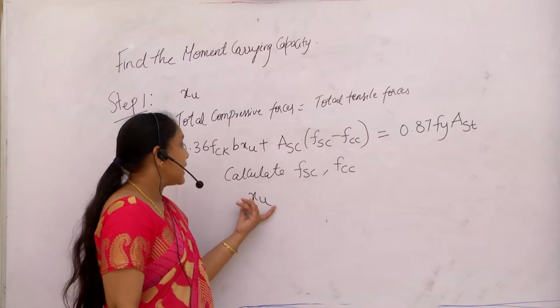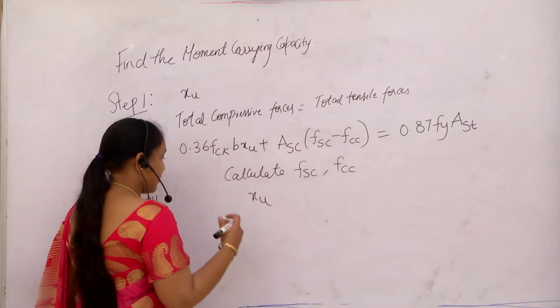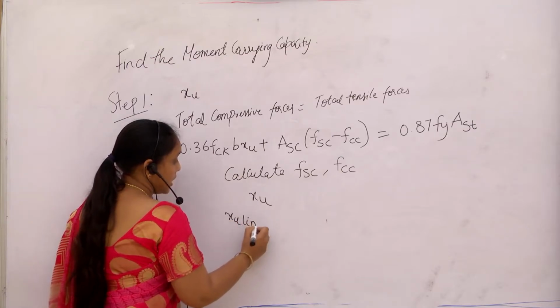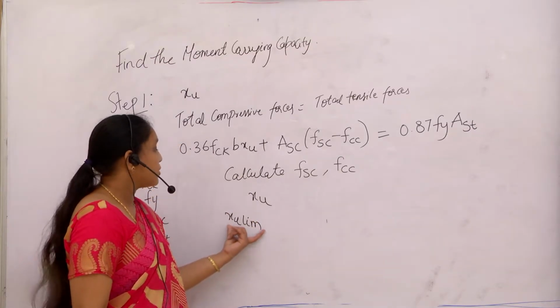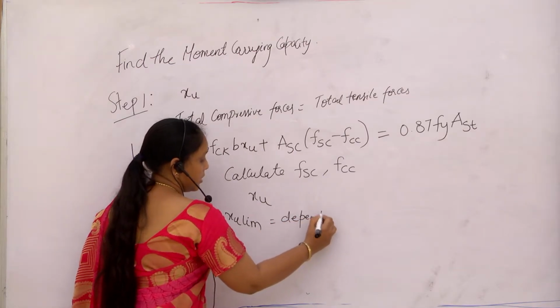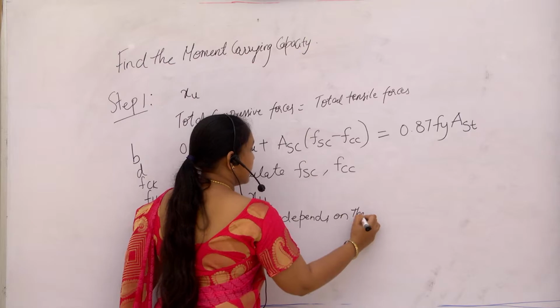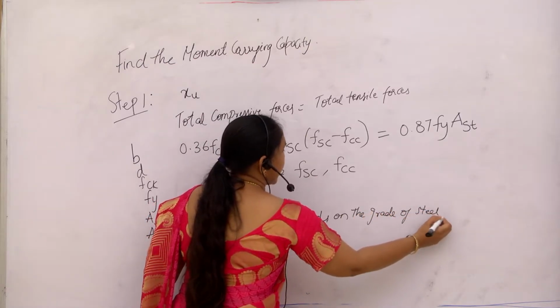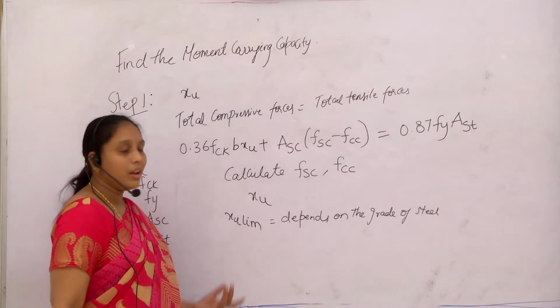After getting the value of XU, you have to calculate the XU limit. XU limit depends on the grade of steel. So based on the grade of the steel, the XU limit will vary.